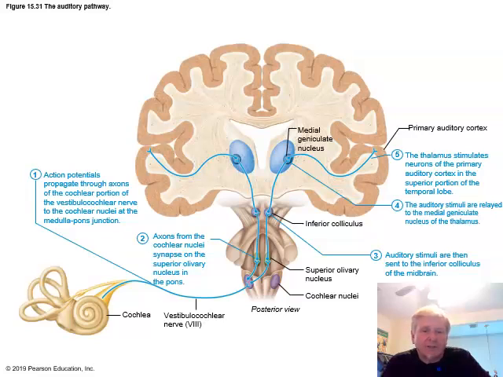That's what you see in this first image here. Axons from the cochlear nuclei then synapse on the superior olivary nucleus in the pons.